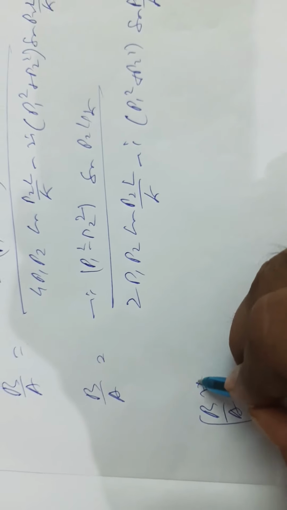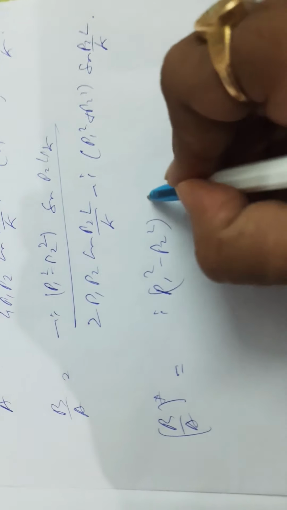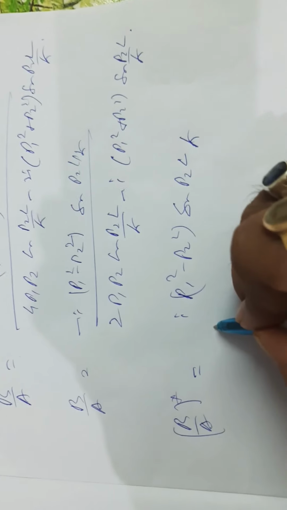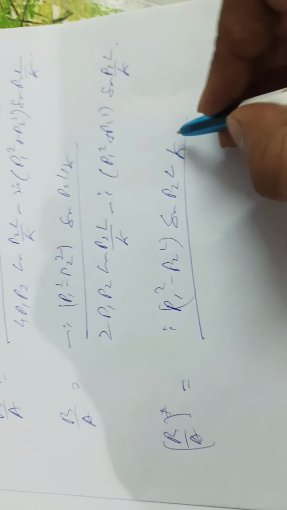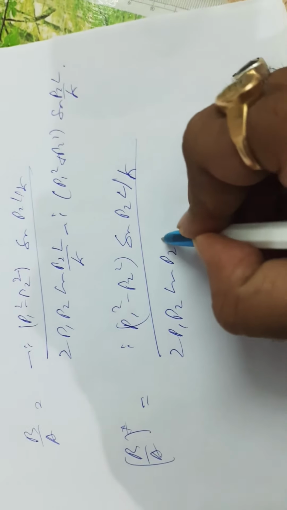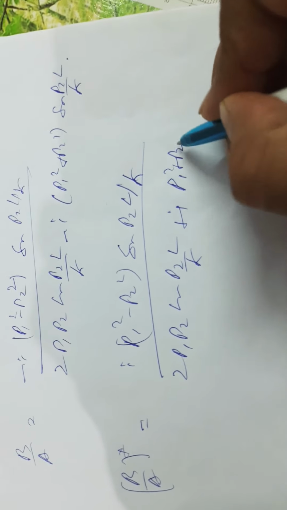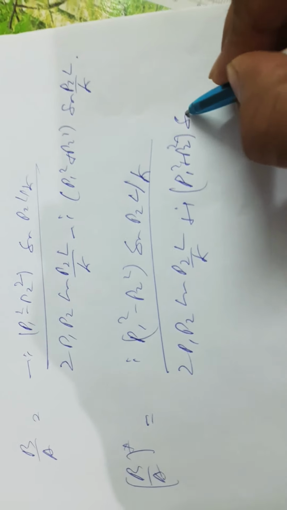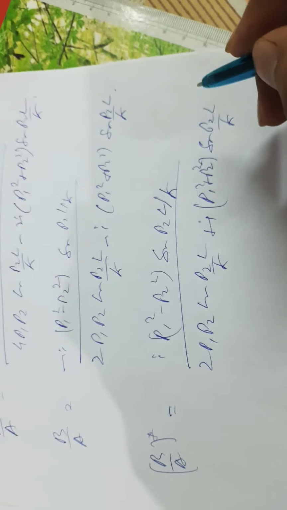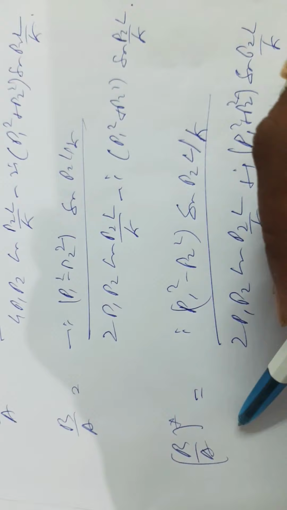So its complex conjugate is given by b by a asterisk is equal to i p1 square minus p2 square into sine p2 l by h cross divided by 2 p1 p2 cos p2 l by h cross plus i p1 square plus p2 square into sine p2 l by h cross. So we have the value of b by a and its conjugate b by a asterisk, right?